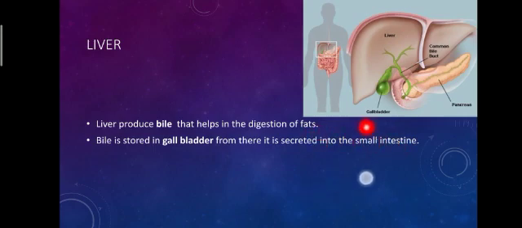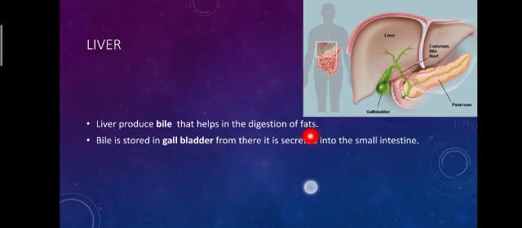In this case, we can see that the bile is helpful in breaking down the fats into small droplets of fats, and it also helps in turning acidic chyme to alkaline chyme. As we remember, we studied that acidic chyme is present in the stomach because acid is present there, so the chyme turns acidic in nature.